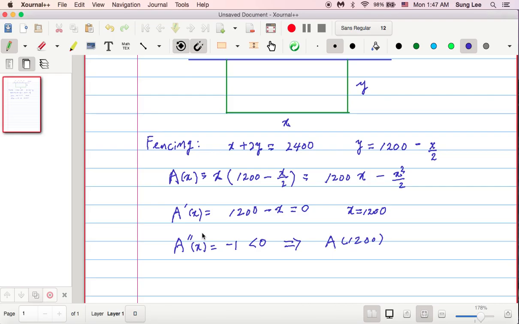So in fact, a of 1200 is not only a local maximum, it is actually the absolute maximum.